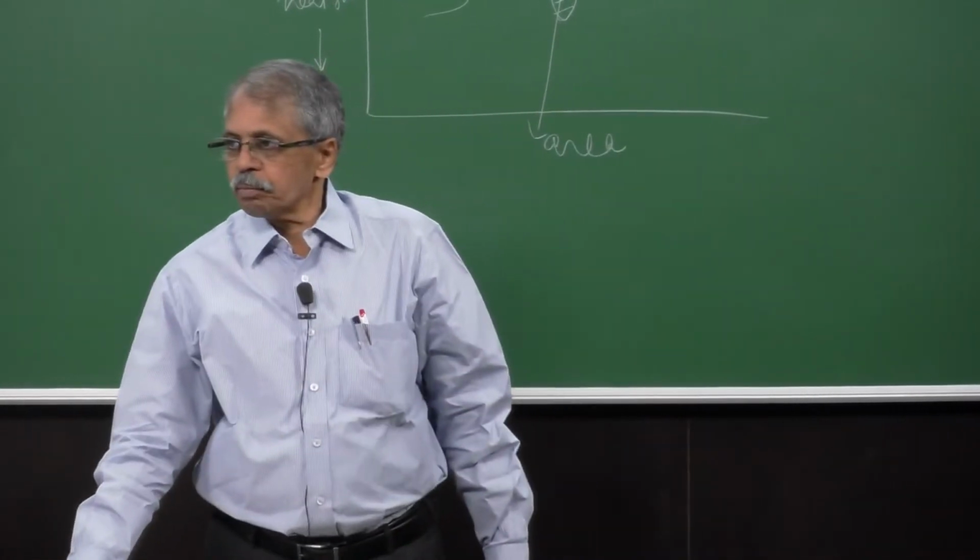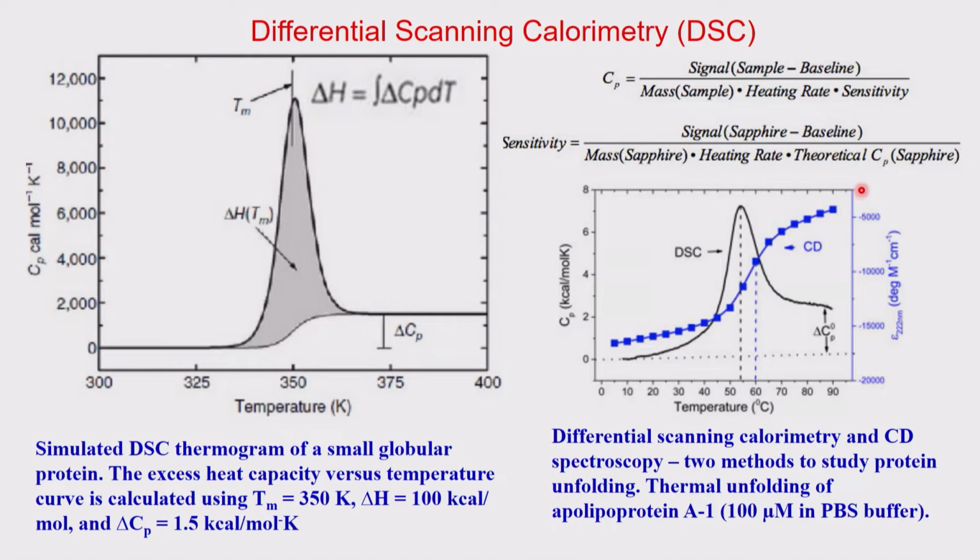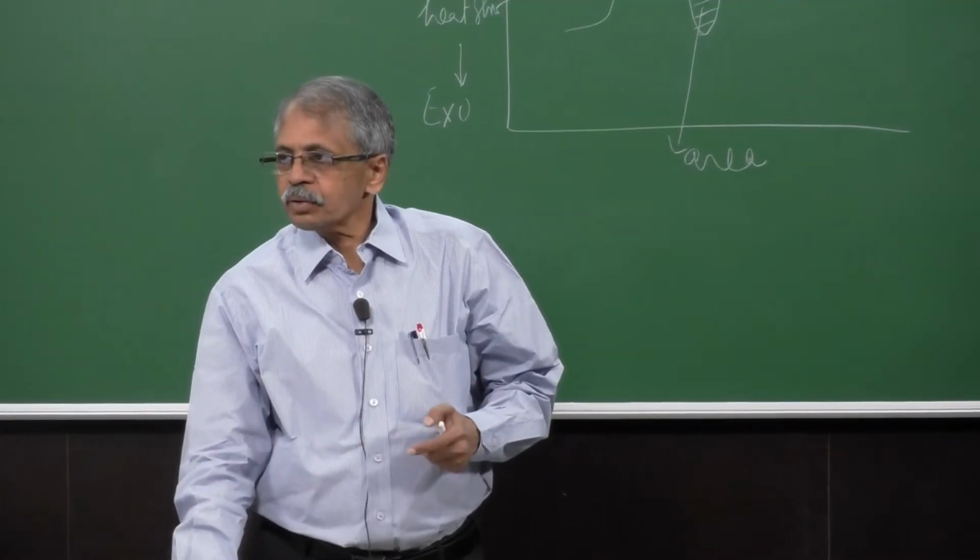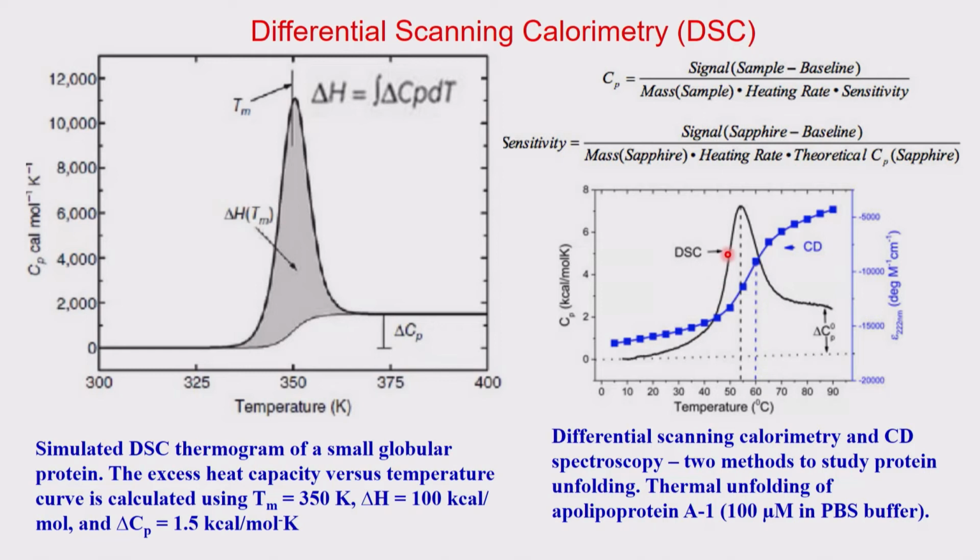So, the blue curve is coming from the CD, circular dichroism, and this one is coming from your differential scanning calorimetry, and you can see the peak point, that is the point where some transition is occurring. So, it is going from some kind of a folded mode to a non-folded or unfolded mode, the mode where the folding is lost. You can see the temperature, and the extent to which this process consumes energy can be obtained from the area under this peak. So, I hope this is understandable.